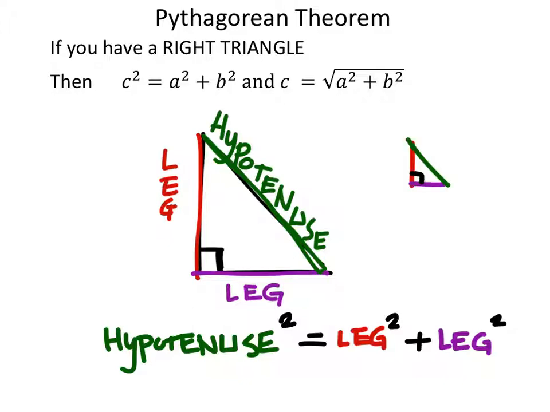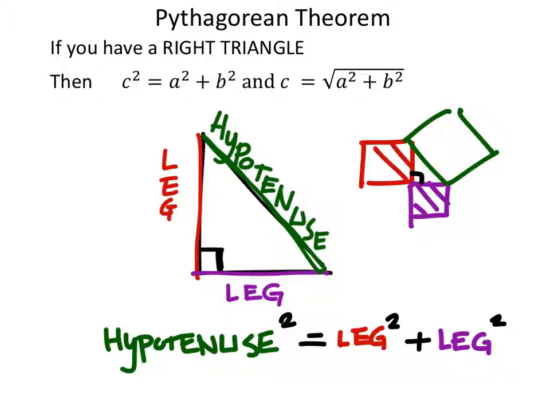Now let's think of this even in a different way. What this is actually telling us is if I took each of those side lengths and made a square out of them, hopefully if you're taking notes on this, your squares look a little bit better than mine. Well, we're saying that the green square is not only bigger than the red and the purple ones, but it's also saying that if I took the area of the purple and the red squares, that it would equal the area of the green square.